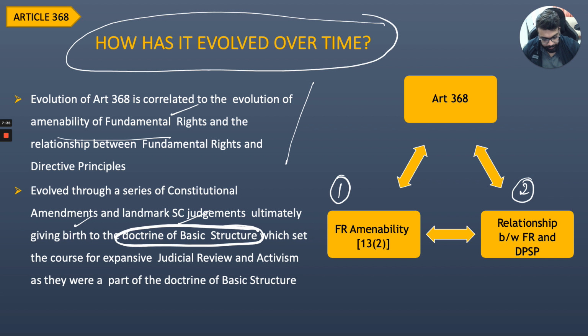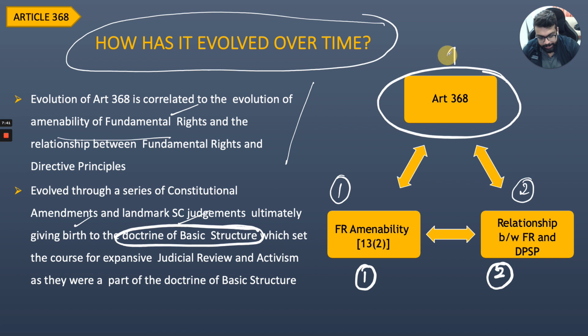So, this is route 1, this is route 2. This affects Article 368, which then lays the foundation of basic structure, which could then have an impact on judicial review and judicial activism in its domain. So this is how you would contextualize the evolution of 368.